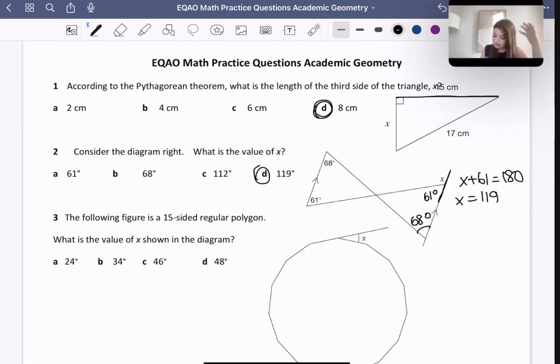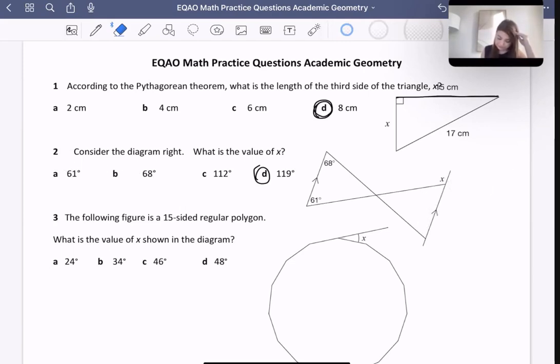The other thing is that clearly this is not an acute angle. Clearly this is an obtuse angle. So right off the bat, we can rule out that it's either 61 or 68, as that wouldn't really make any sense. Very good. So once again, it is D.